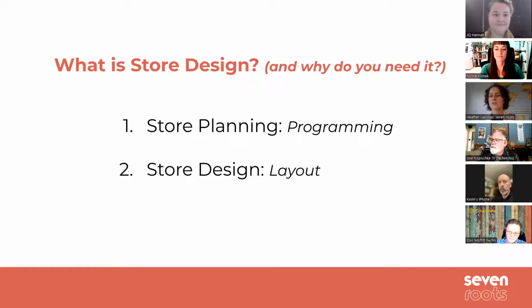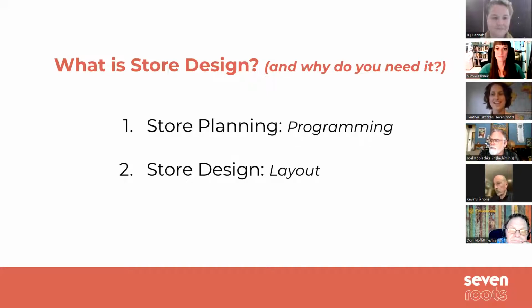So going back to programming, which again, reminder, programming is what you sell and how you sell it. Those decisions are based on your market study and pro forma. So, when you're thinking about how many square feet each department needs, and how labor factors in, and what sort of systems we need, those factors go in when those programming decisions are made, right?